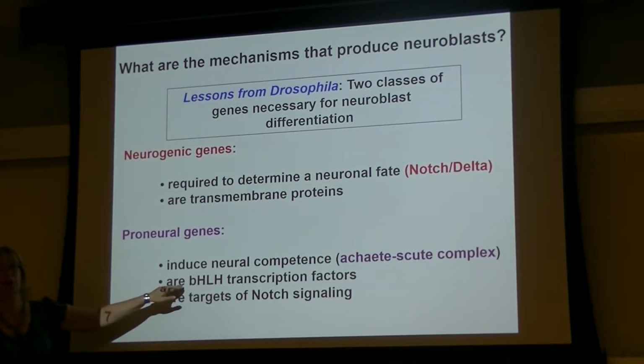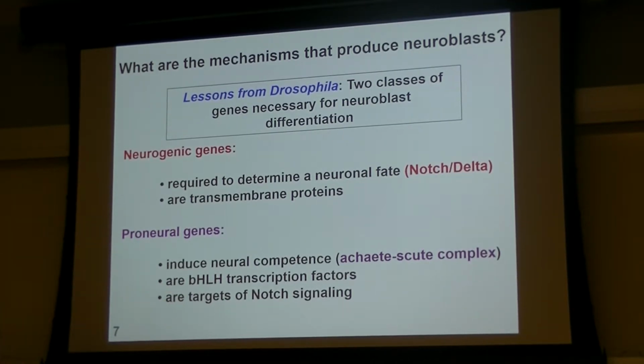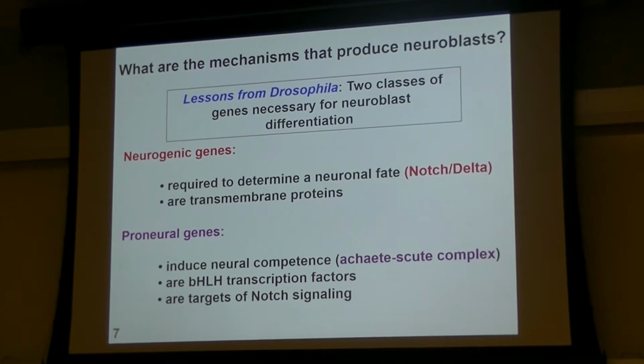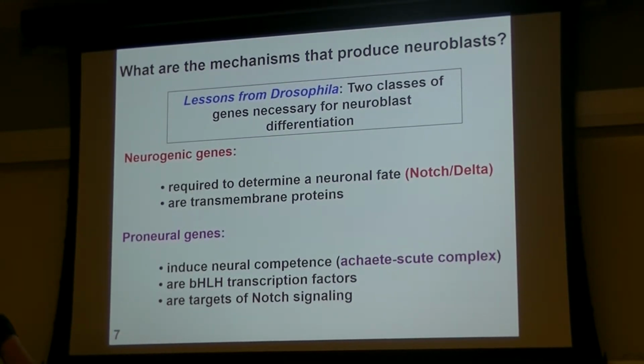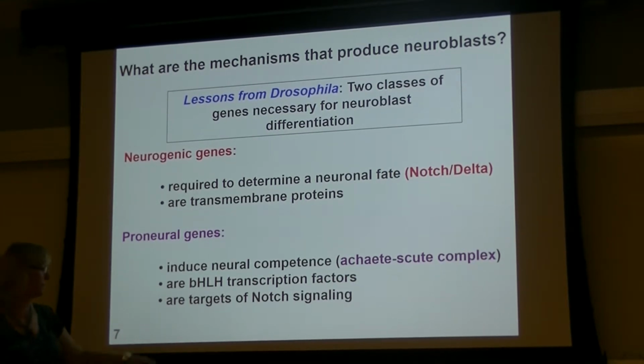Biochemically, what they are is transcription factors of a particular class called the basic helix loop helix. So they're just classified based on their structure. And of course, as transcription factors, they'll have a number of downstream targets that they regulate and complete the cell fate through the expression of these downstream genes.